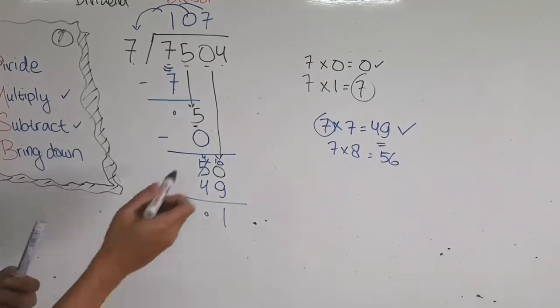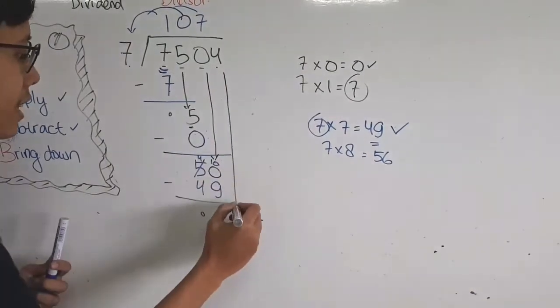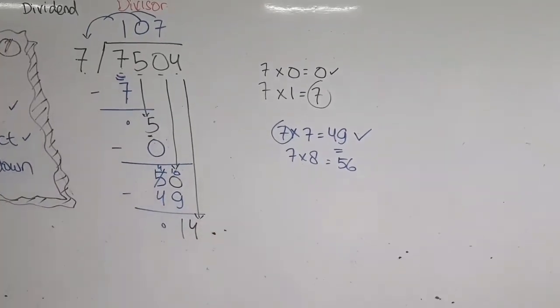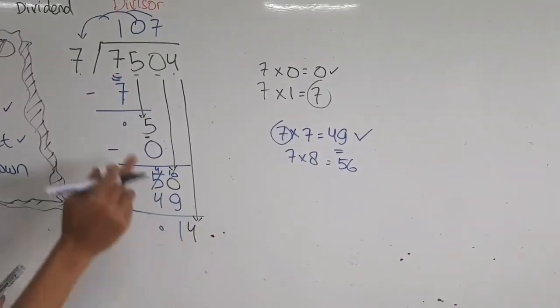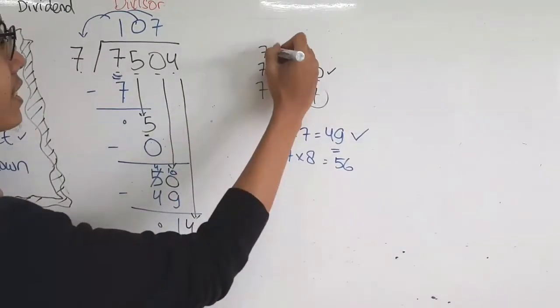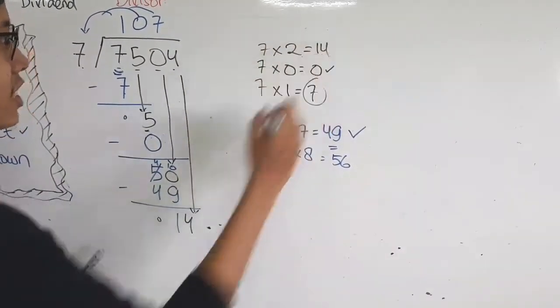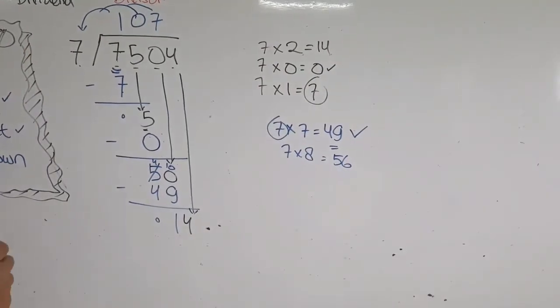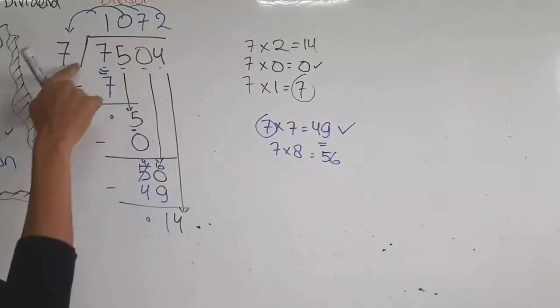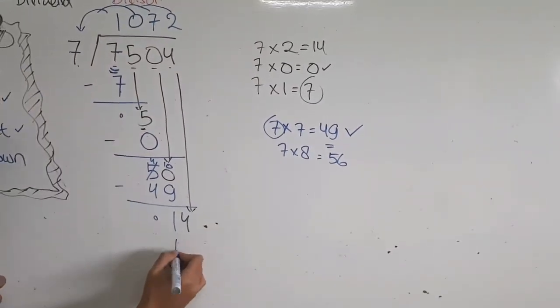The next step will be bring down. And then we have a new number, which is 14. So what times 7 to becomes 14? Or 14 divided by 7 is equal to, as you know, it is? Yes, it is 2. So we put 2 as the quotient and we multiply 2 times 7 and we put it below 14.